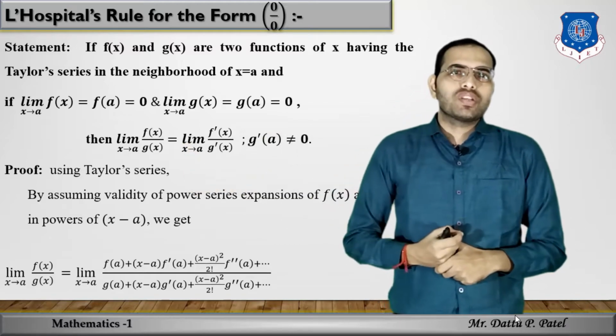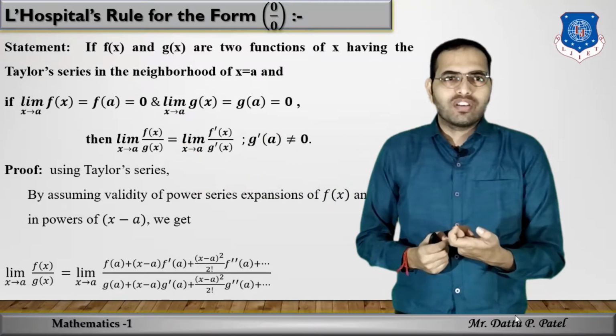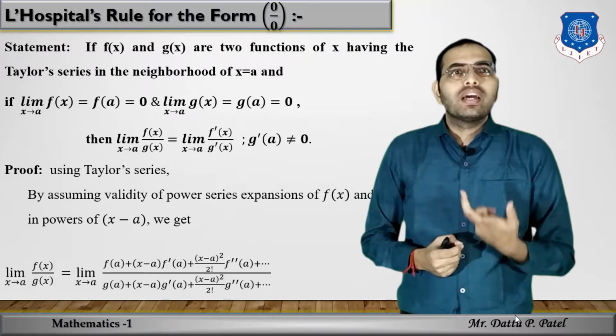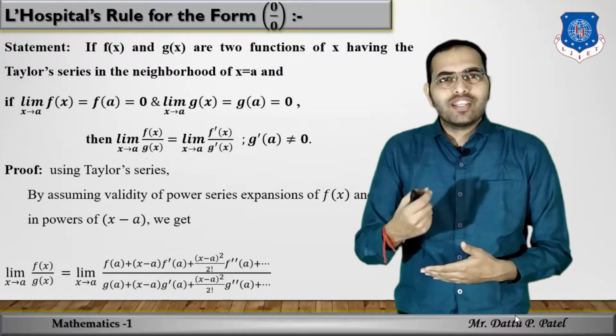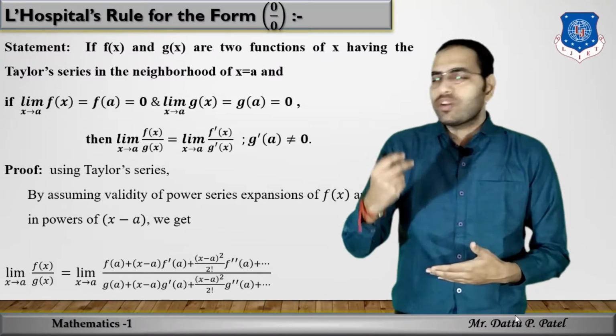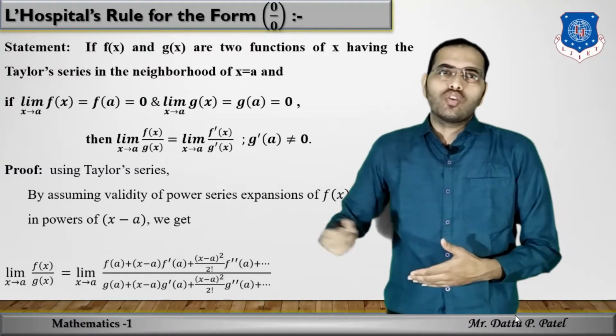Similarly, in the denominator portion for the g of x function, g of a plus x minus a g dash of a plus x minus a whole square by 2 factorial g double dash of a, and so on.